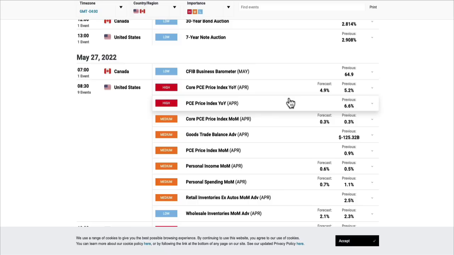Look at the forecast. Previous was 5.2. Look at the forecast, 4.9 on PCE. We come in at 4.9 or even 4.8. Think of how wonderful that's going to be. That is for core.